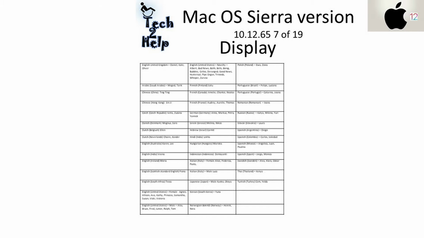Swedish, Sweden: Alva, Klara, Oskar. English, Scottish Standard English: Fiona. Italian, Italy, male: Luca. Thai, Thailand: Kanya. English, South Africa: Tessa. Japanese, Japan: Kyoko, Otoya. Turkish, Turkey: Cem, Yelda.